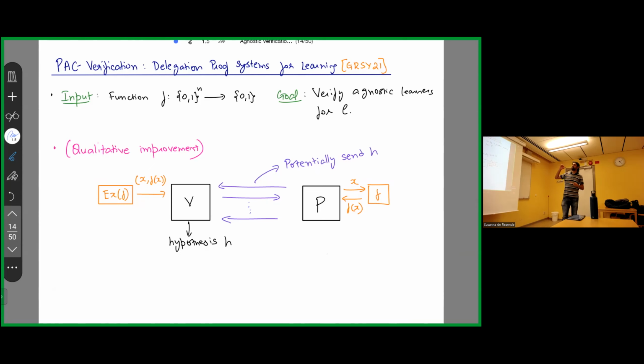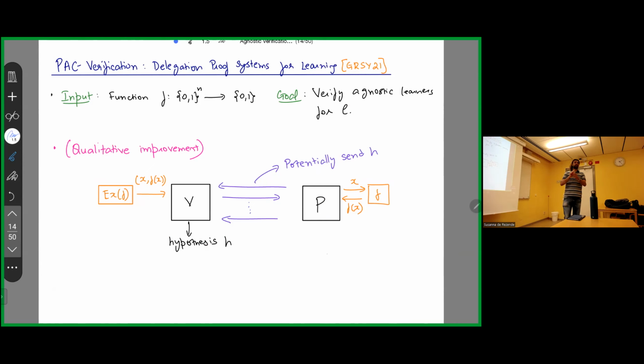So again, you have an input function f, which you want to learn with respect to your underlying class C. An interactive proof for learning is that you have a verifier, which gets, so there's one notion where you want to prove this qualitatively, where you have random example access to the underlying input, and the prover has query access.